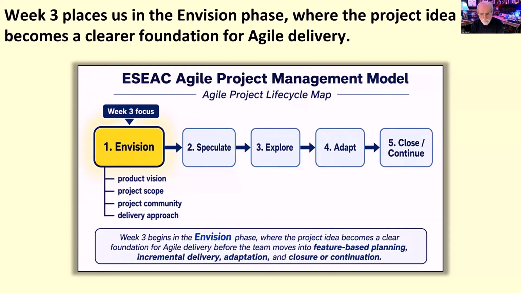But this is where we refine the vision that we created, the vision statement, and clarify the project community and define this broad scope and determine how we're going to work together. And all these activities prepare us for the later phases, especially the speculate phase, where we begin developing our feature-based plan and explore where the team begins delivering increments for stakeholder review.